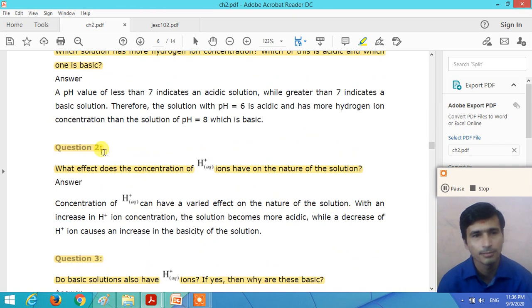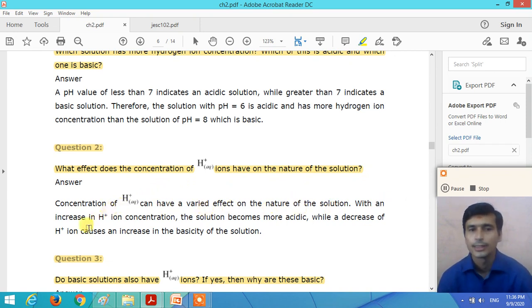Now question number 2: what effect does the concentration of the H plus ion have on the nature of the solution, right? The concentration of the H plus ion has a major effect on the nature of the solution.